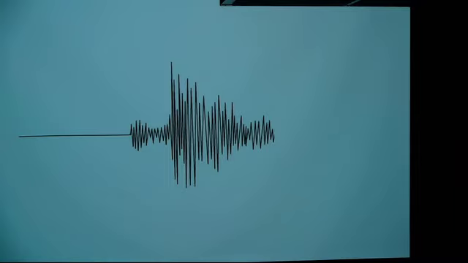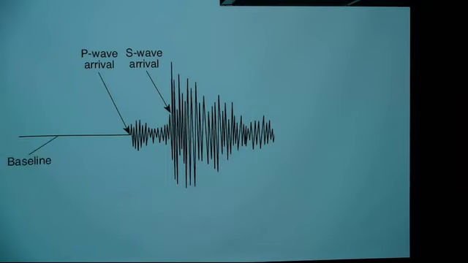To begin, we must have a seismogram. So imagine for a moment you're sitting at a seismometer and an earthquake happens somewhere in the world, and your seismometer gets this reading. So let's do some analysis of this seismogram. First of all, the first jump is always going to represent the arrival of the P wave, or the primary wave, and the second jump is going to represent the arrival of the secondary wave, or the S wave, seen here.